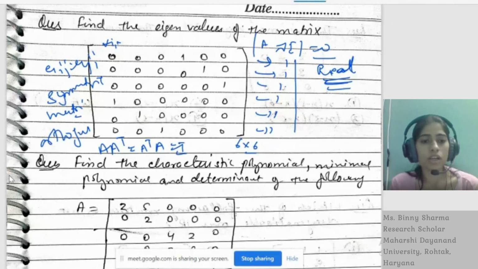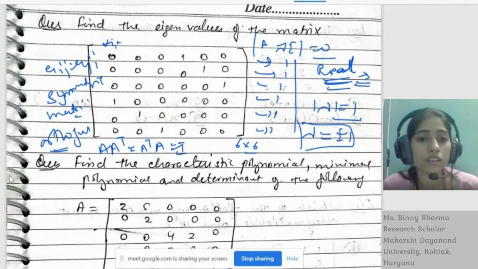The eigenvalues of an orthogonal matrix have modulus unity, but all eigenvalues should be real, because this matrix is also symmetric. So what are the possibilities of lambda? Only plus and minus 1.